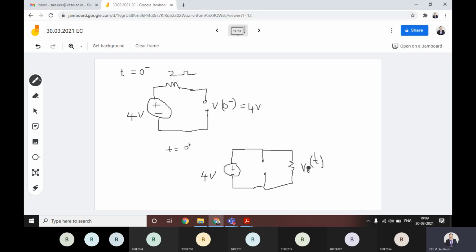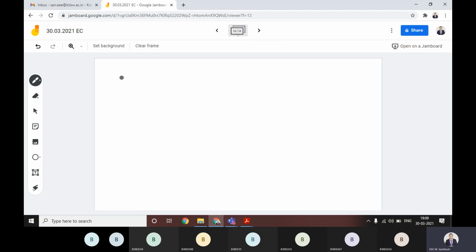Then you will have V naught of 0 plus or V naught of t. You calculate as in the previous one, but here you have to apply it for analyzing this kind of circuit. Here two elements are involved, a capacitor and also an inductor. For that reason, at t greater than 0, as time increases, both the elements are present.